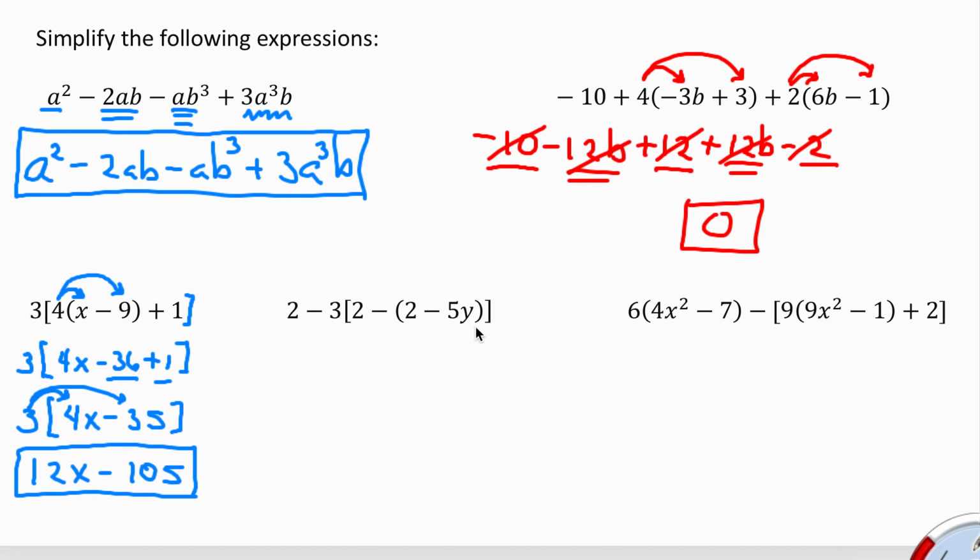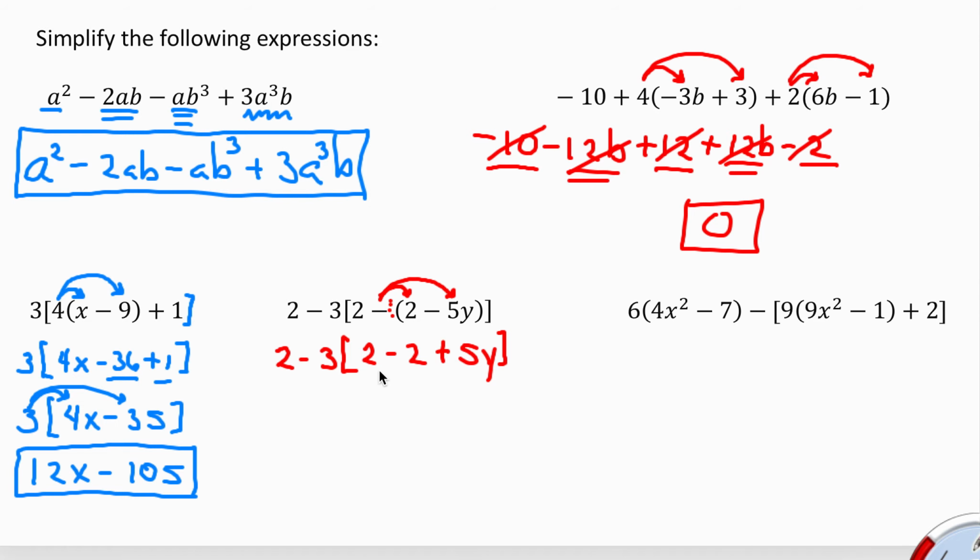Okay, inside parentheses, now there's nothing I can do inside here, but if there's not a number written, it's understood to be a 1, right? So I'm going to distribute negative 1. This 2 is not being multiplied by here. There's a sign by my parentheses, so the number has to be a 1. Everything else stays the same, except negative 1 times 2 is negative 2, and negative 1 times negative 5y is positive 5y.